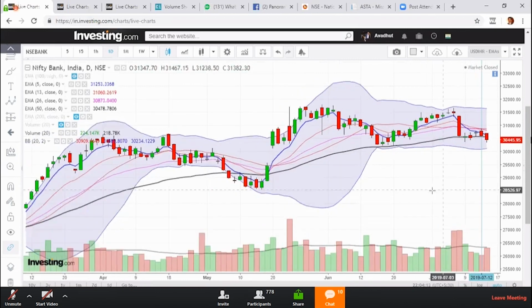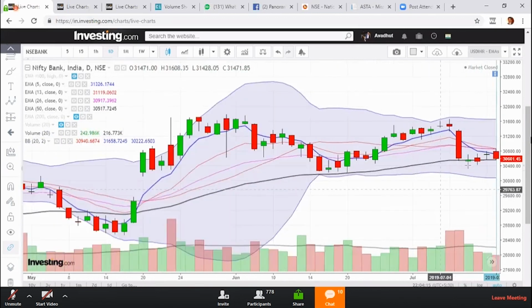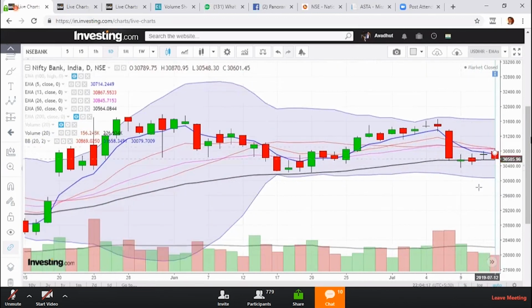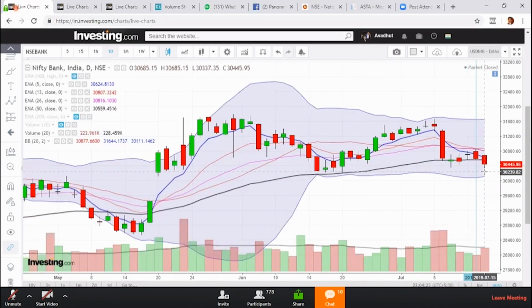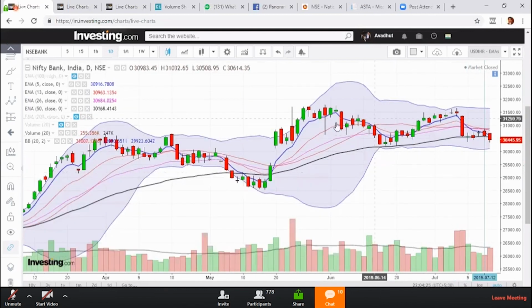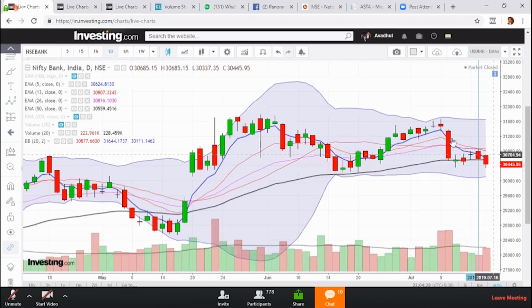On daily, if you really see, the 5 EMA has crossed over 13 and 26, and Bank Nifty is right here. So yes, Bank Nifty is sideways. It's inside the bands. So currently the trend is sideways, and when the trend is sideways, it is typically a swing traders' market.